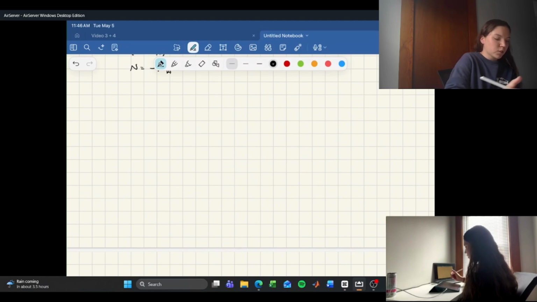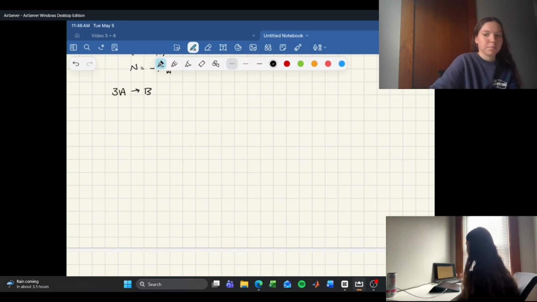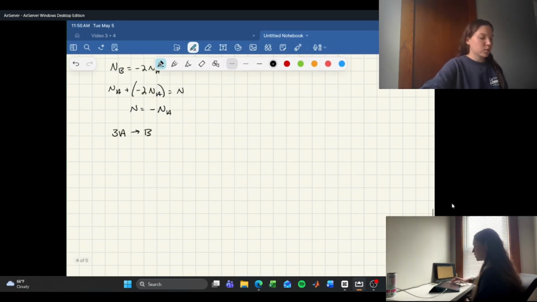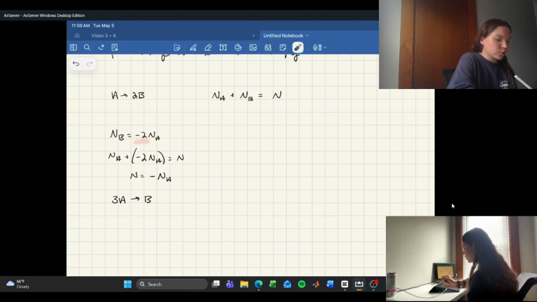This will be a similar setup, but this time we're going to have 3A and 1B. Actually, before I do this, I'm going to explain how we get this negative 2 a little bit better.